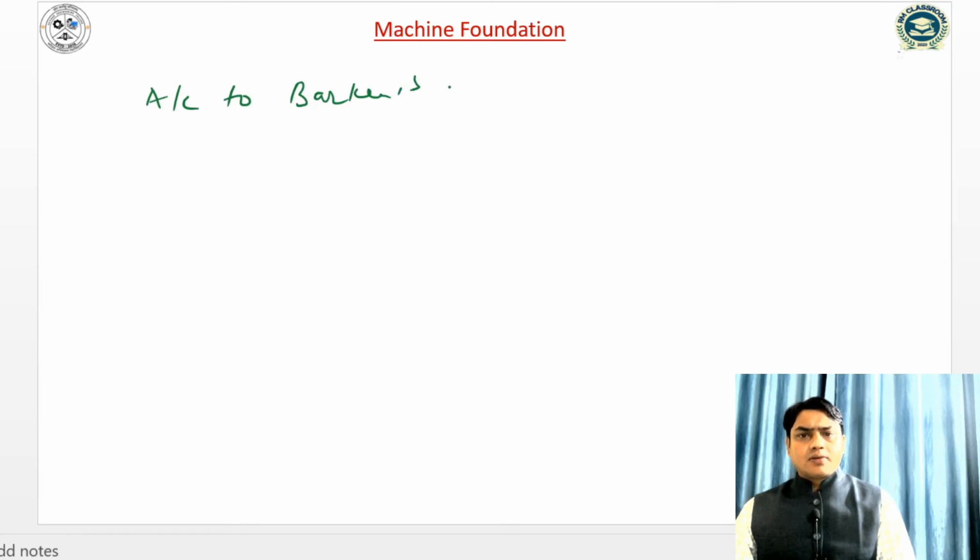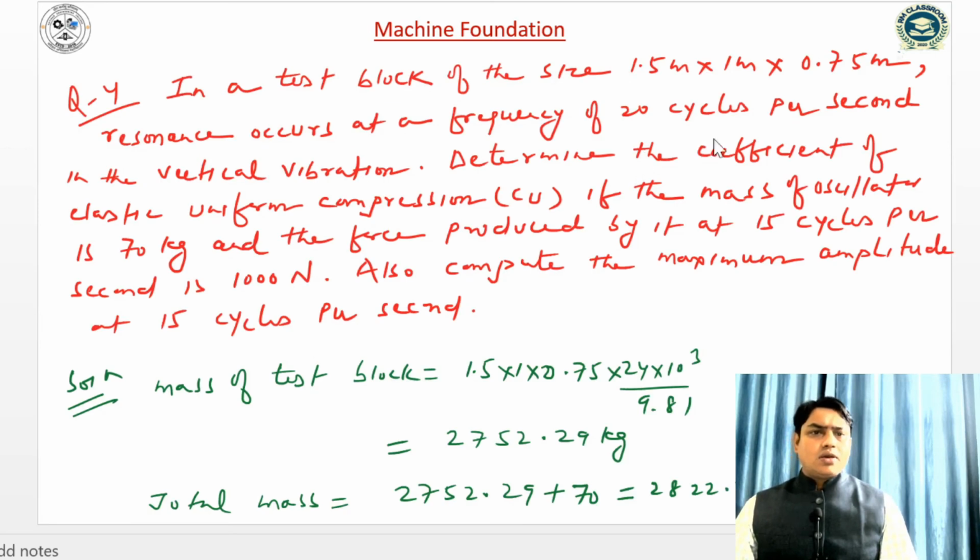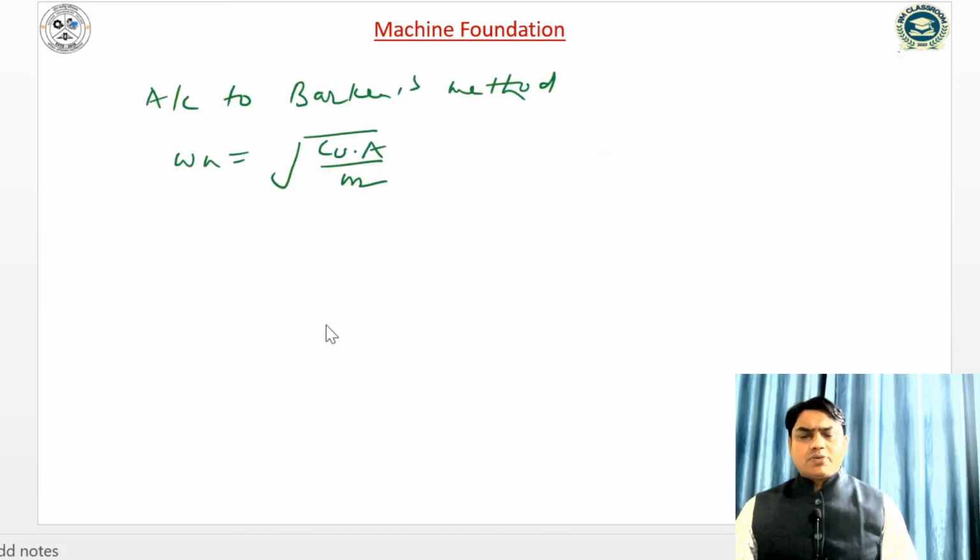Once again if I apply Barken's method, omega n is equal to square root of CuA by M, and the resonance occurs at a frequency of 20 cycles per second in the vertical direction.